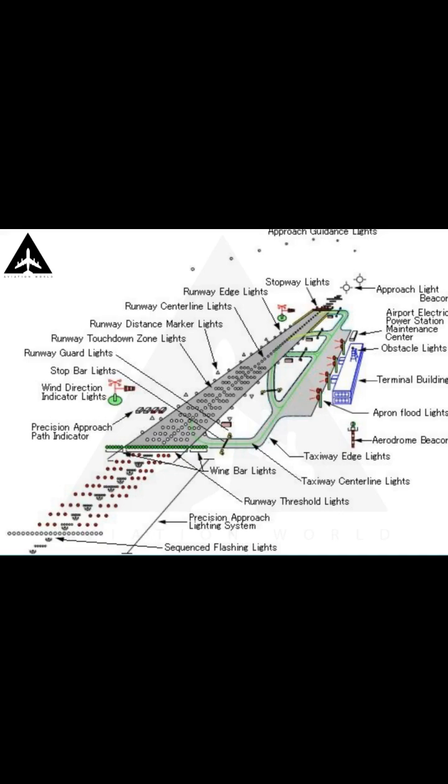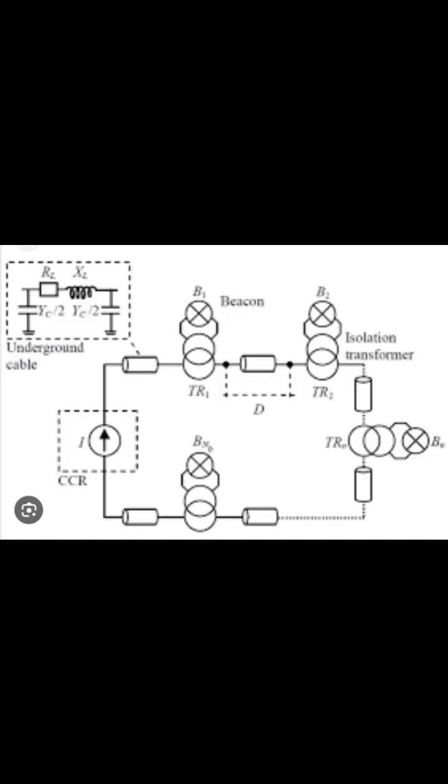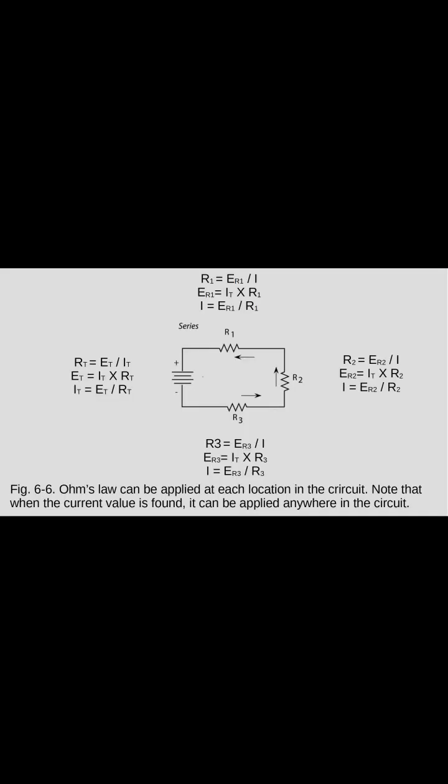The circuit is connected to a voltage regulator that maintains a constant amperage applied to the circuit. Since the circuit has a constant amperage at each transformer and each lighting unit has equal resistance, each lamp will have the same voltage drop value. At times, the number of lamps in the circuit will change due to lamp failure.